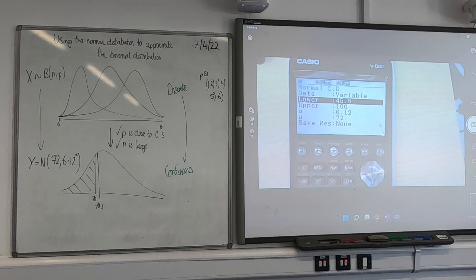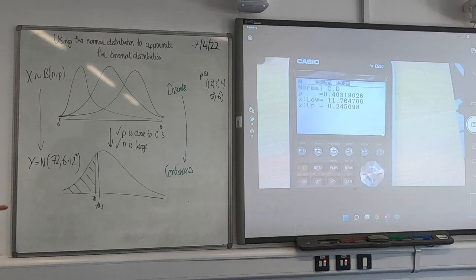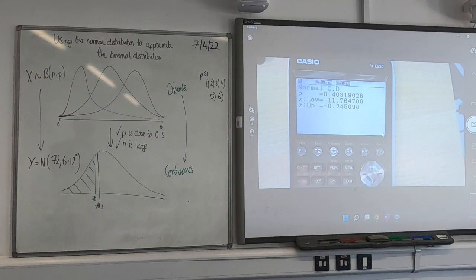Lower is nice and easy, isn't it? You haven't got to worry about the whole 4 standard deviations thing. So, 0 then. So that's the probability in this normal distribution of getting less than 70.5, which gives us an estimate of the probability in the binomial distribution of winning or succeeding less than or equal to 70 times.